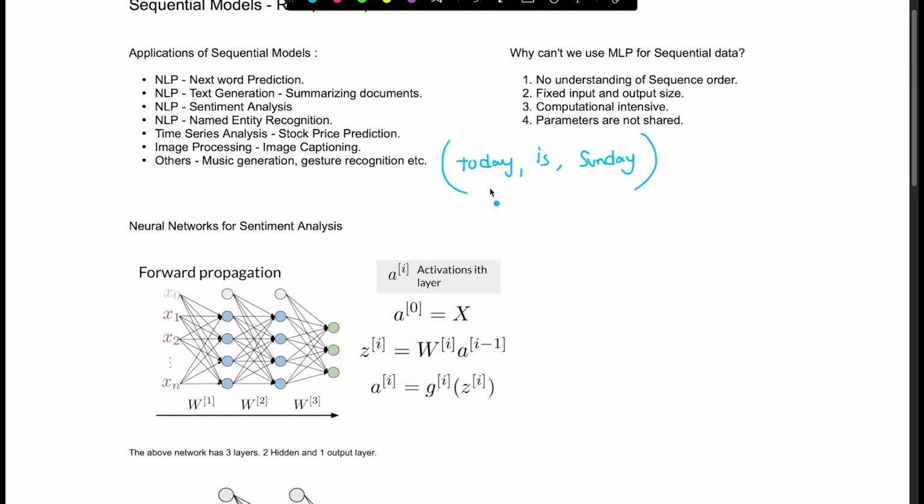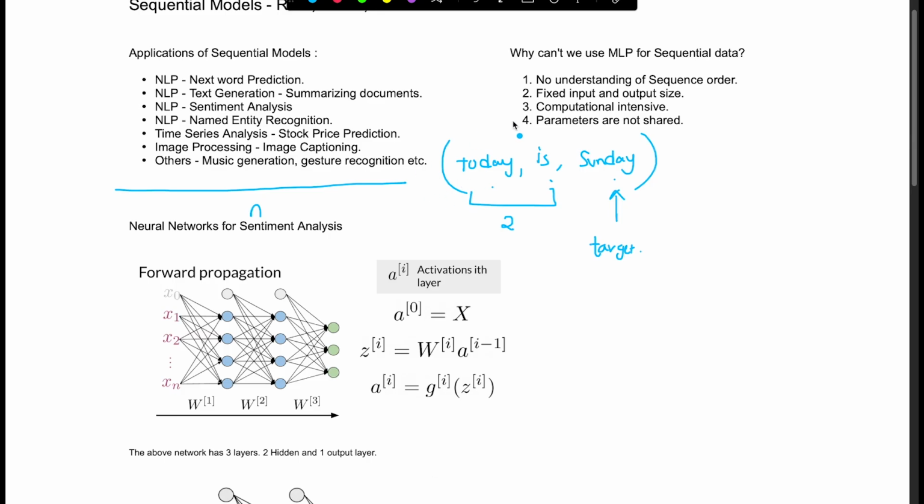Now, in these three words, the context window is fixed in nature. Here, there are only two words prior to the target word. If you are considering Sunday as the target word, there are only two words prior to Sunday which you are trying to evaluate. But you're not bothering about the n different words that were prior to "today," right?